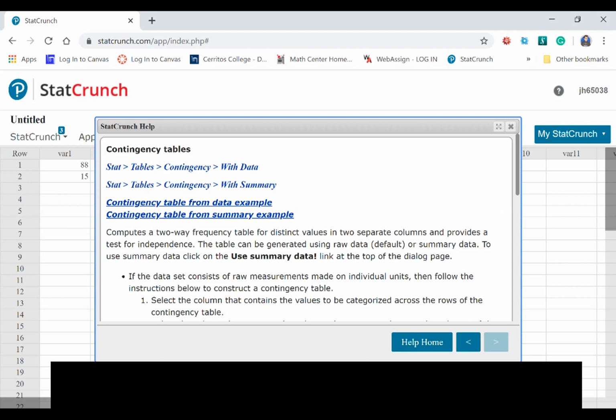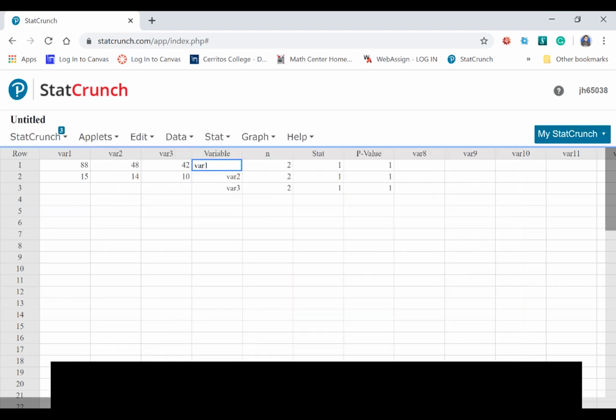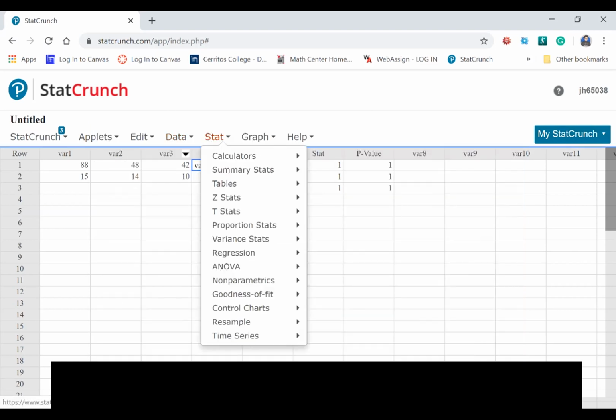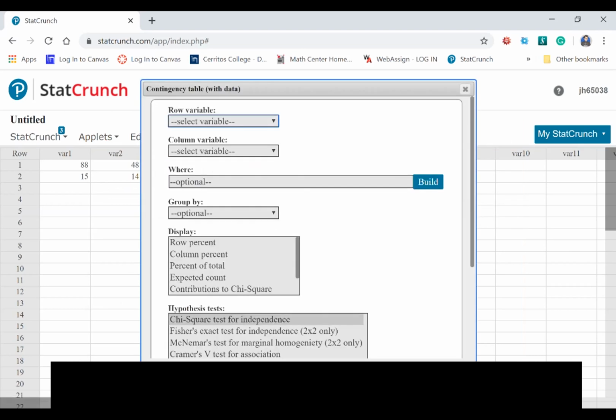Okay, stat tables, contingency with data. There we go. Who knew? Okay, stat tables, contingency with data.